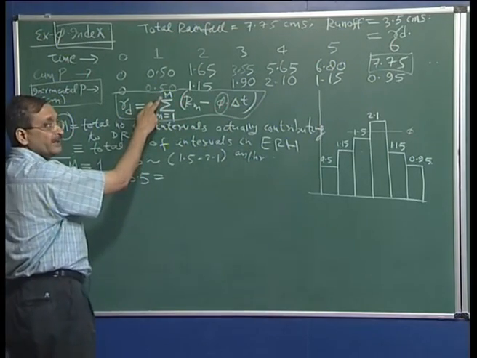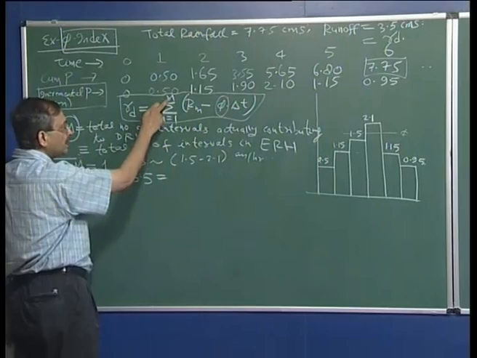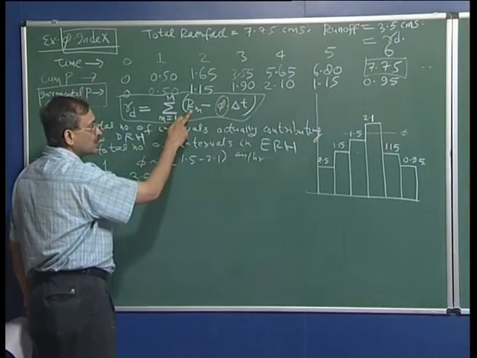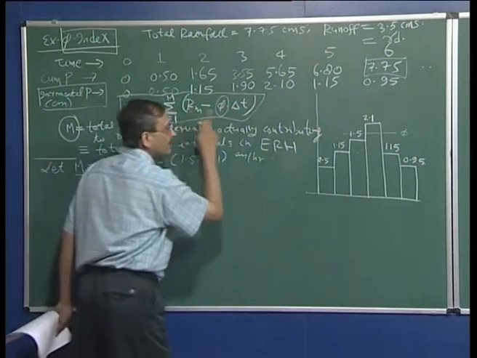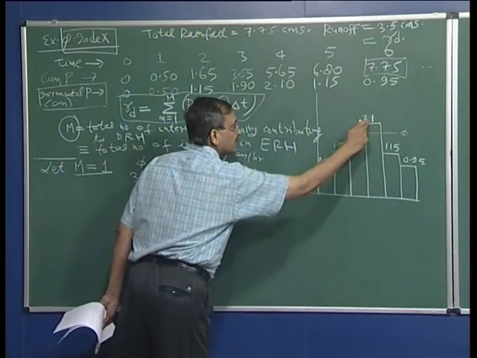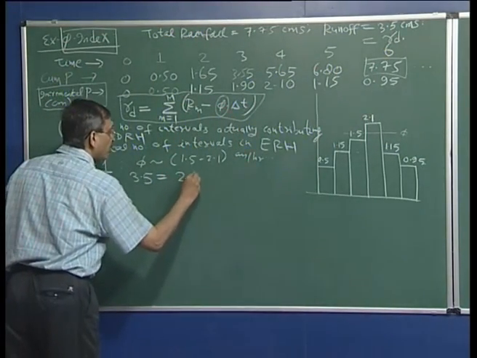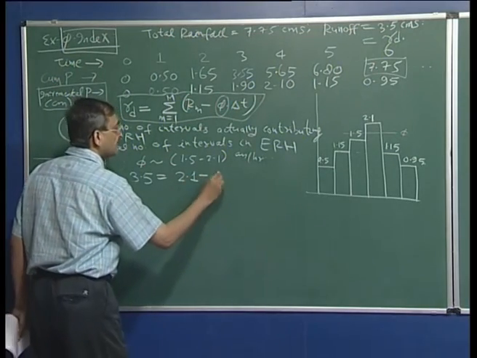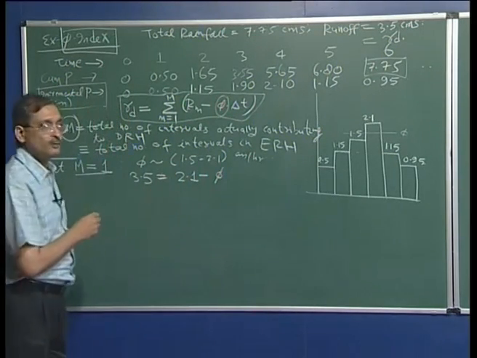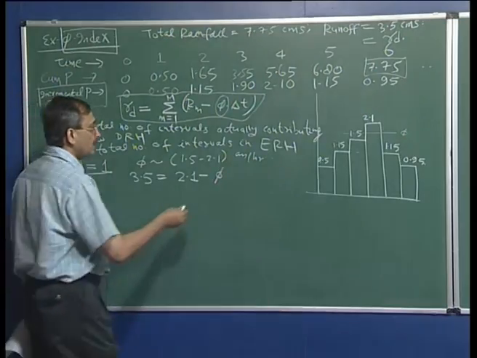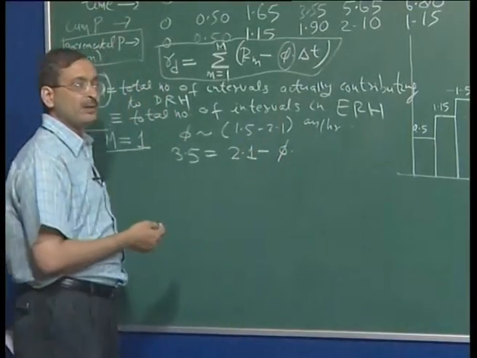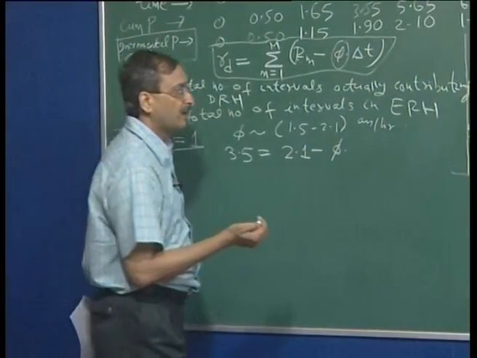There is only one term here, corresponding to that particular effective value of rainfall, that is 2.1. So, this will be equal to 2.1 minus phi, which we do not know, times delta t. Here in this particular problem I have taken delta t equal to 1 hour.